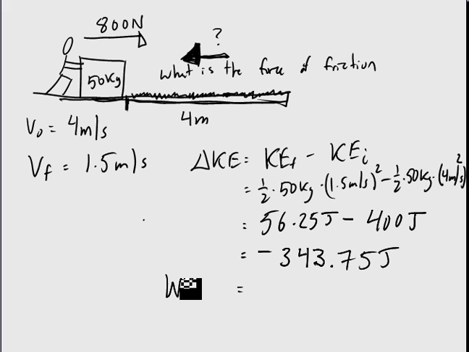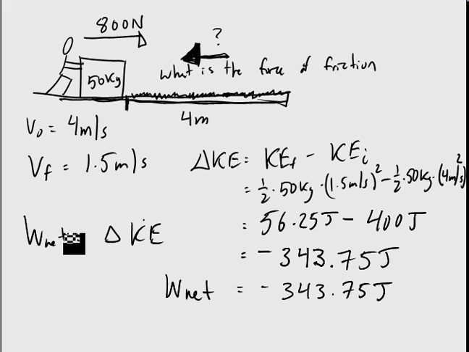It also means that the net work must also be equal to negative 343.75 joules, because net work equals change in kinetic energy. So the net work done was negative, which makes sense again, because the block must have been transferring some of its energy away to lose kinetic energy.